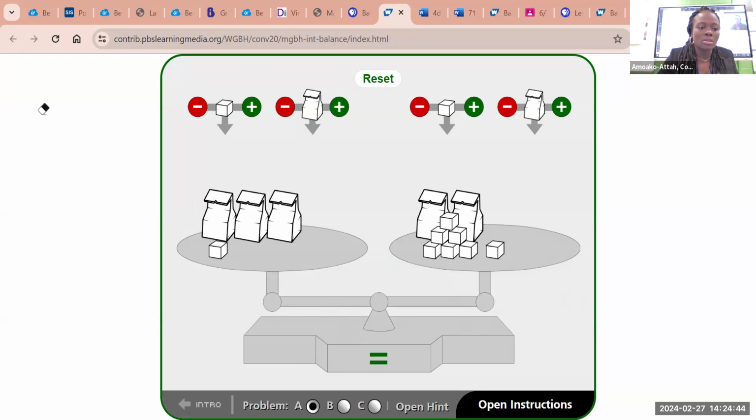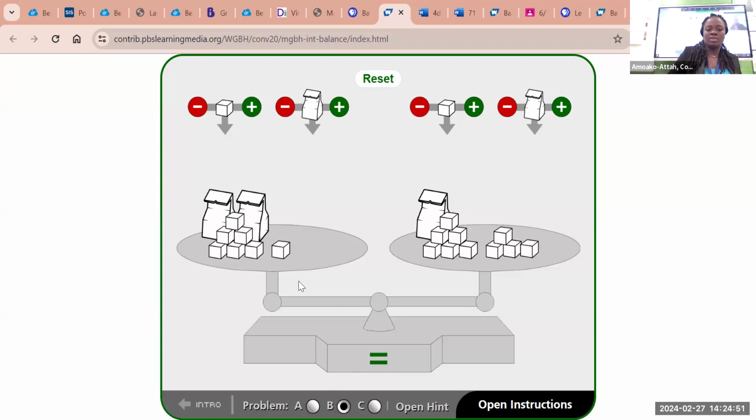So let's choose another model. Right. So in this case, I see 2 bags, which is 2x plus how many blocks? I see 7 blocks, right? Then at the right-hand side, I see only one bag, which is X. You know, someone will say 1X, but 1X is the same as X because it's 1 times X, which gives you X. So I see X plus how many blocks do you see?